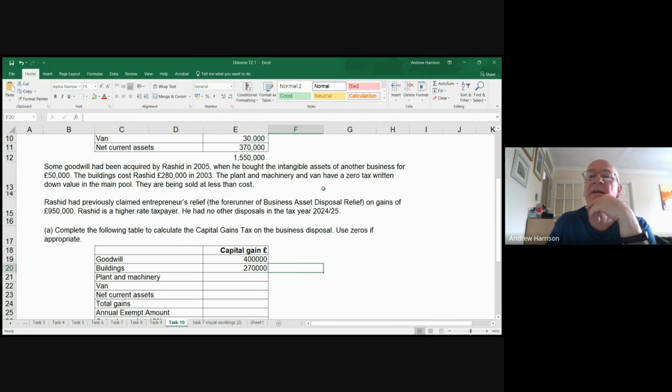So the plant and machinery, now the key factor here is its zero tax written down value. But that's not a capital item. It's been fully capitalized. The capital allowances have been fully claimed. What will actually have to happen, based on the value of the machinery, there's going to be a balancing charge, but the balancing charge is not a capital gain.